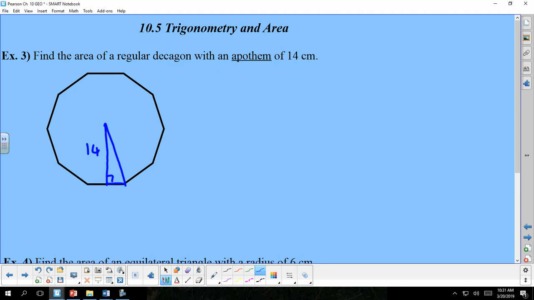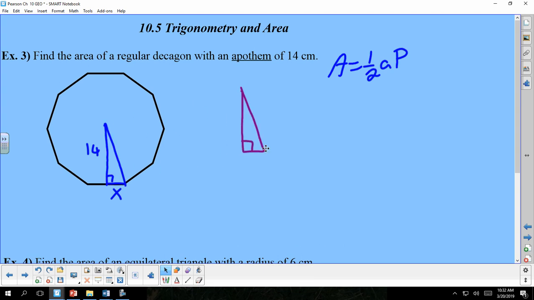And what I want to solve for in this case, so I can use 1/2 apothem times perimeter, is half the side length. So I want to solve for this x right here. So let's go ahead and pop this triangle out and see which trigonometry I can use.